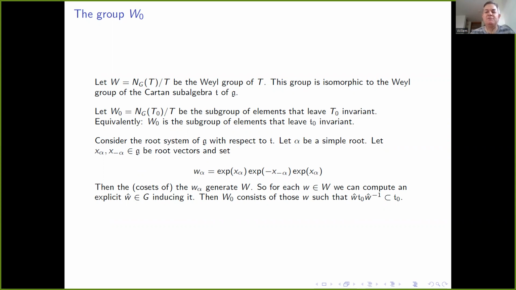So for each element of the Weyl group, because I know I can do it for generators, I can do it for every element in the group, we can compute an element in G inducing it. I call this w hat. Then the W0 consists of those w such that the w hat conjugates this T0 into itself. Okay. So we can actually compute this W0.